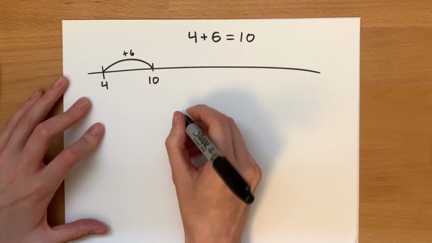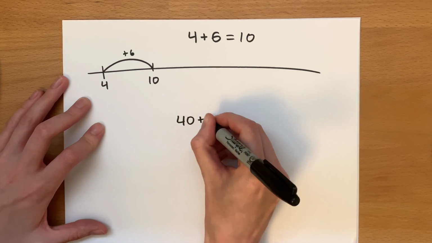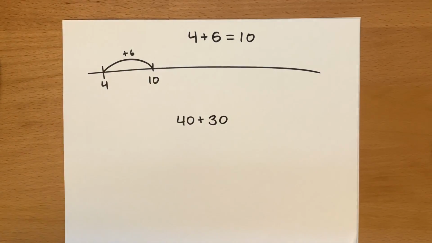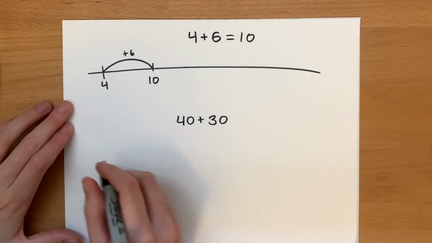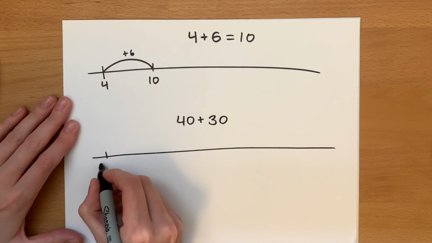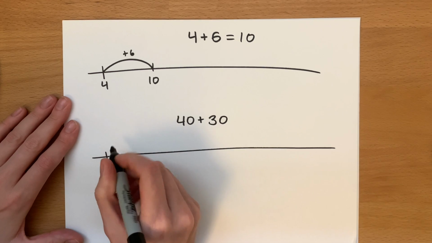Next, I'd like you to solve this equation, 40 plus 30. For 40 plus 30, again, there are different strategies you could use. I know that 40 is the same as 4 tens.